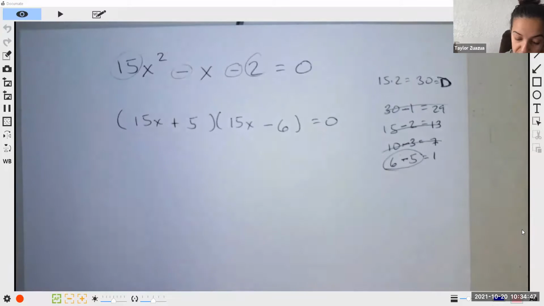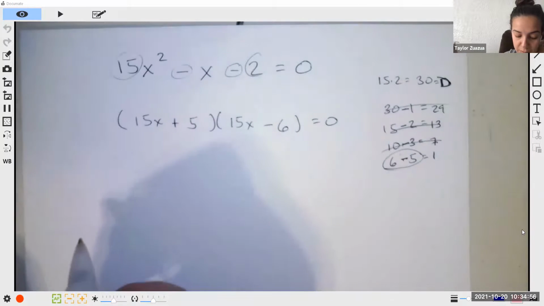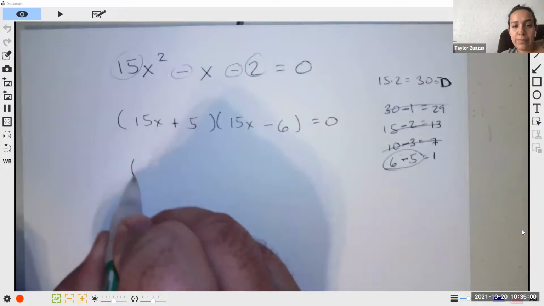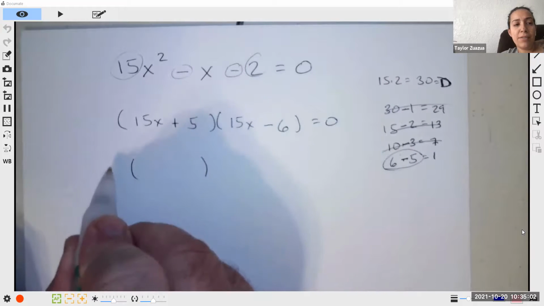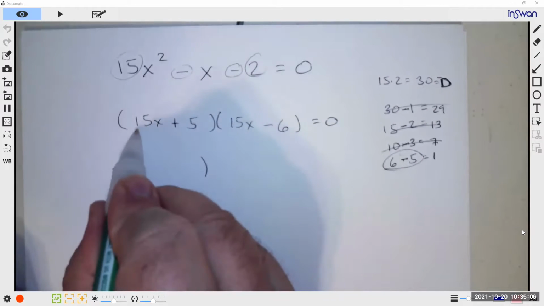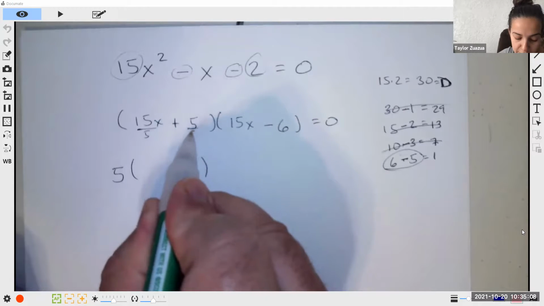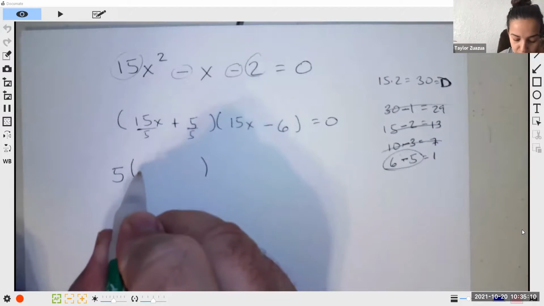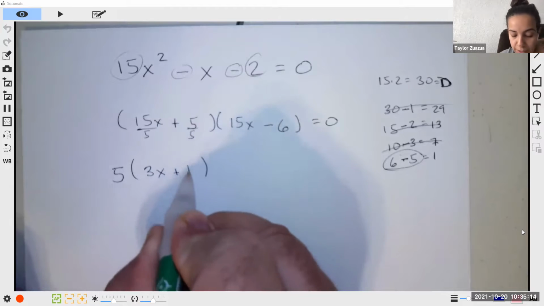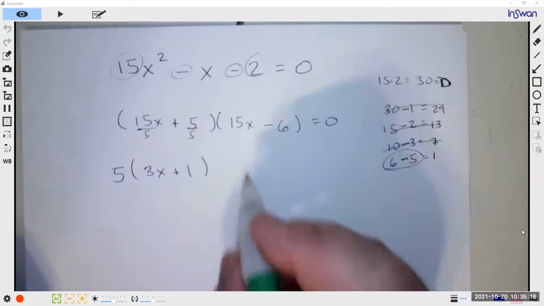After we get the larger number, we put them in and factor a common number if possible, which on the first one would be 5. 5 divided by 5 is 1, and 15 divided by 5 is 3. So 3x plus 1.